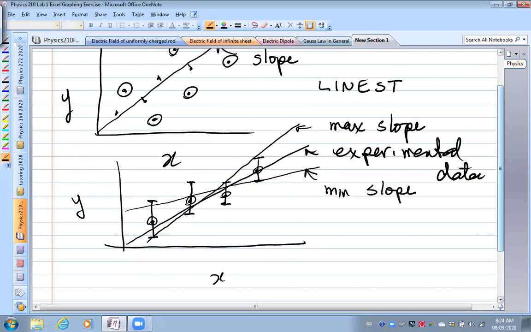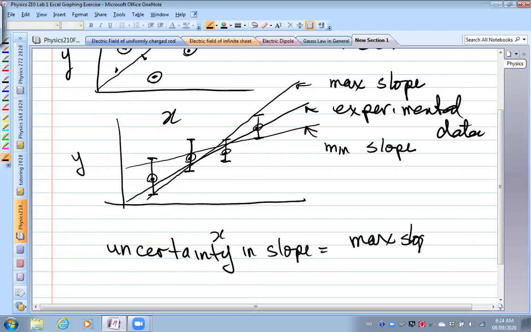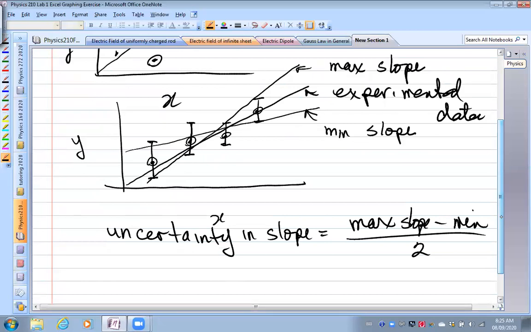The uncertainty in slope by definition is equal to the difference between the max and the min, max slope minus min slope divided by 2. So it's just half the difference between those two slopes.